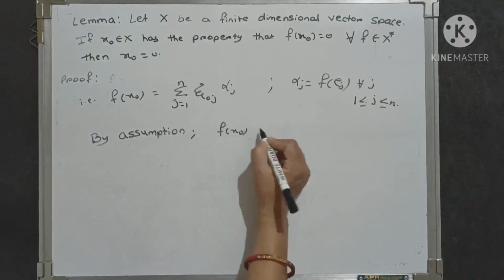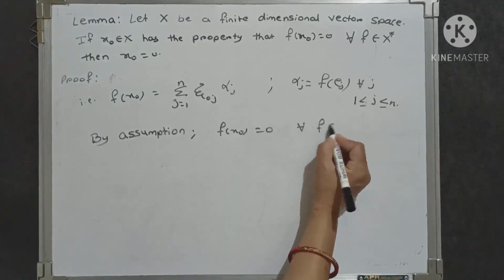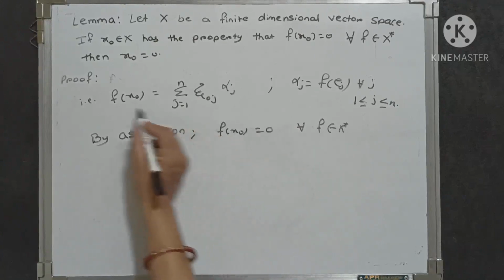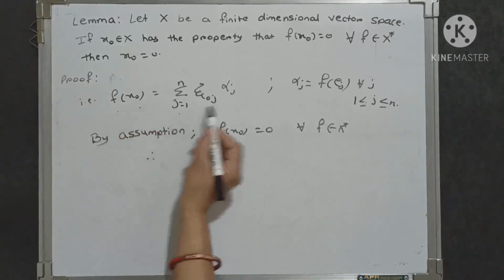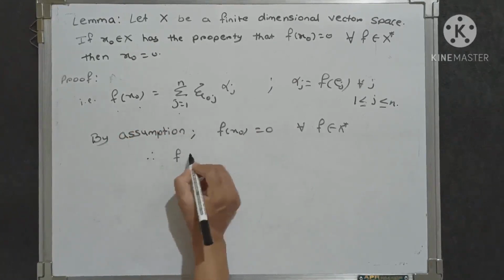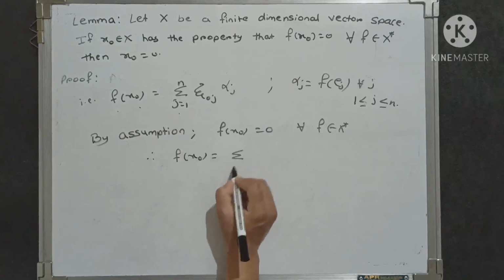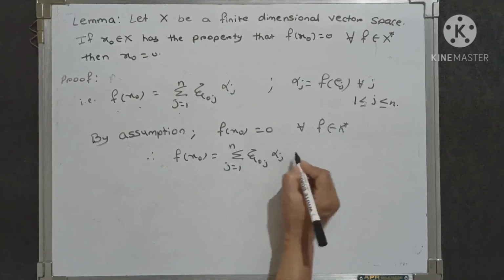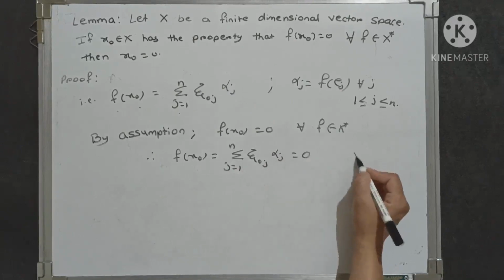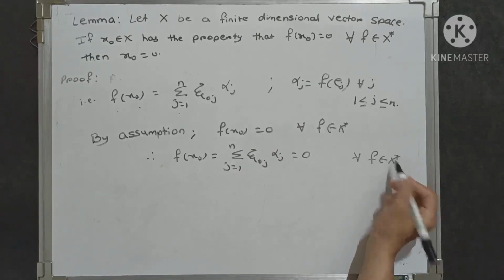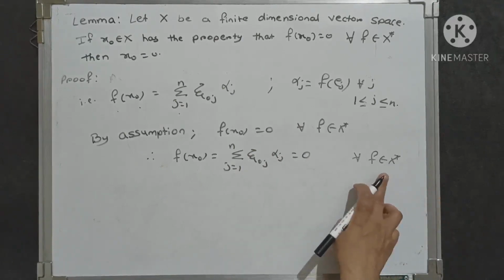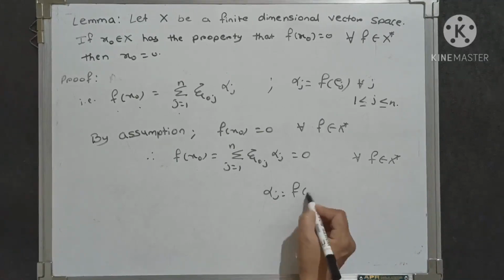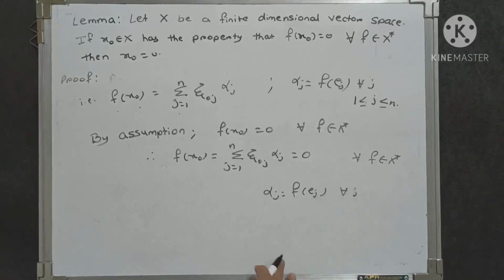As f of x naught equals 0, but we have the value of f of x naught as this summation, therefore the summation j from 1 to n of xi 0j alpha j equals 0, and it is true for all f belonging to X star, where alpha j equals f of ej for each j.